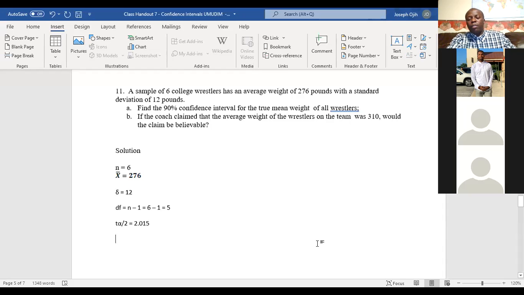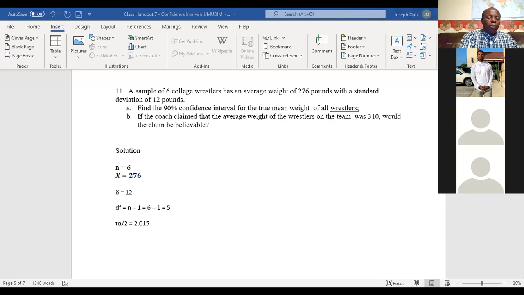So let us now compute the error margin. The formula is just like the other one, except that we are replacing z with t.